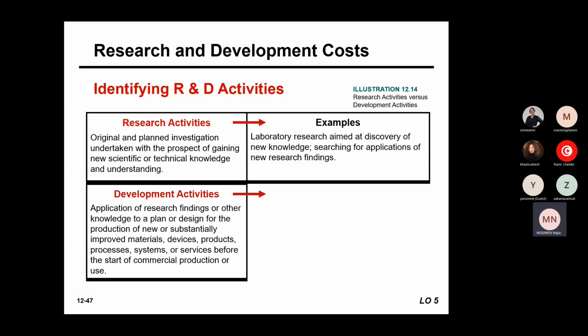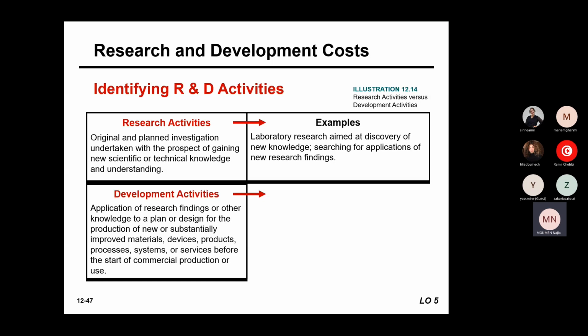Okay. The next one is development activities. So here we are in another phase. We are in a phase of application of this research finding or other knowledge to a plan or design for the production of new or substantially improved materials, devices, products, processes, systems, or services before the start of commercial production or use.